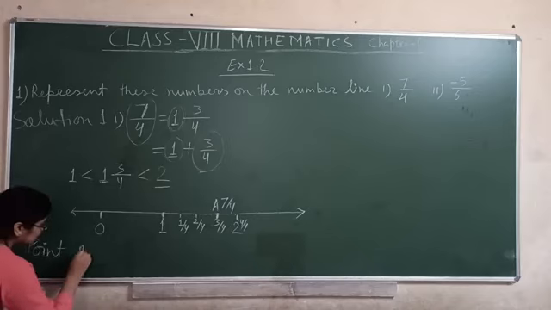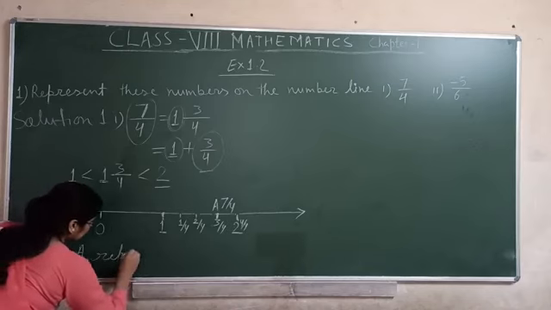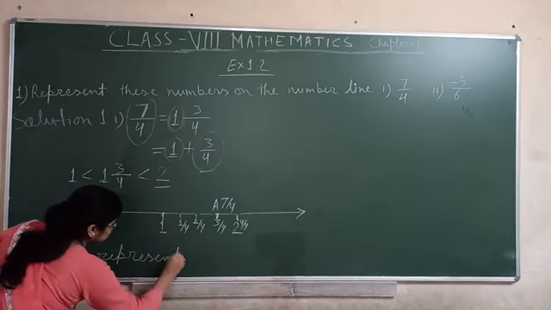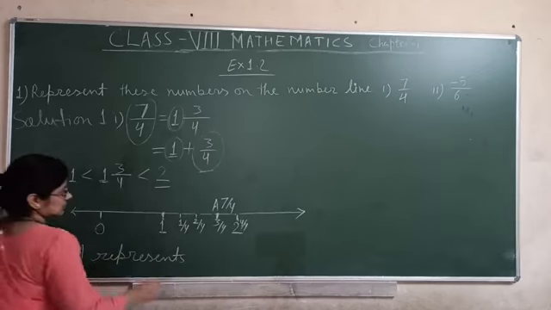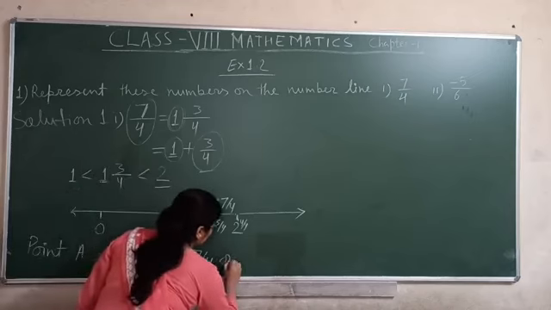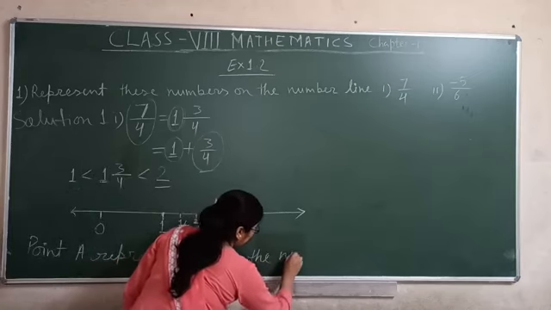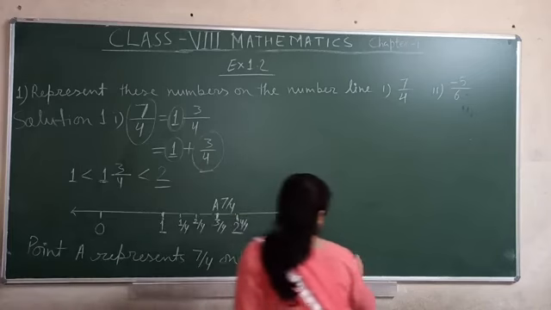Point A represents 7/4 on the number line.